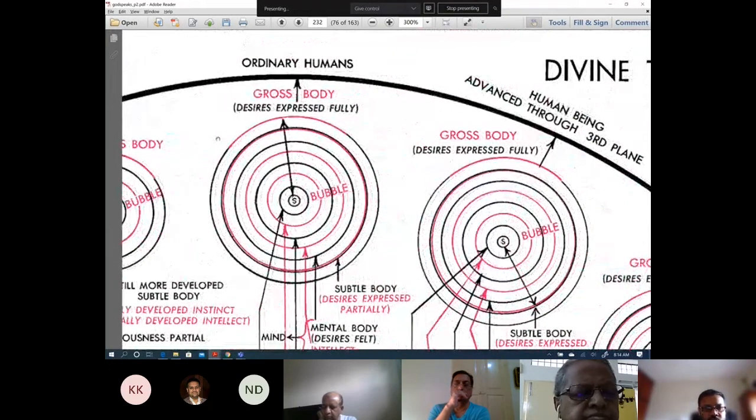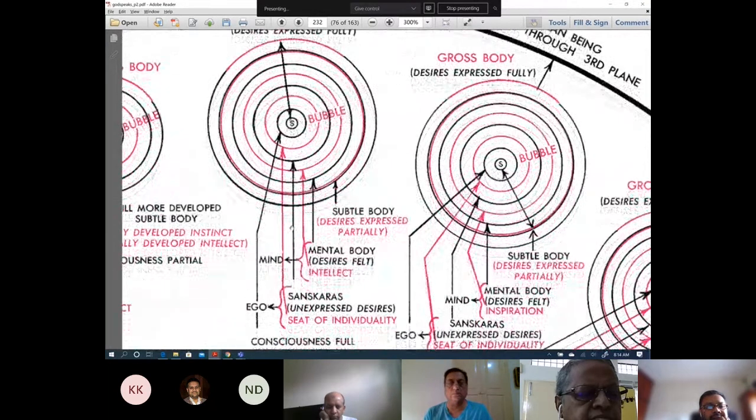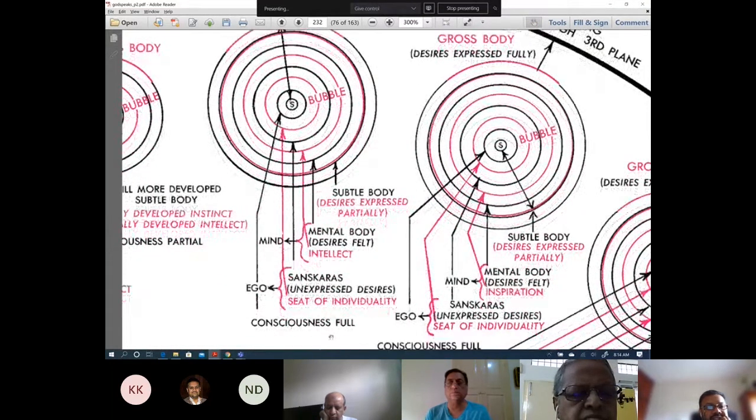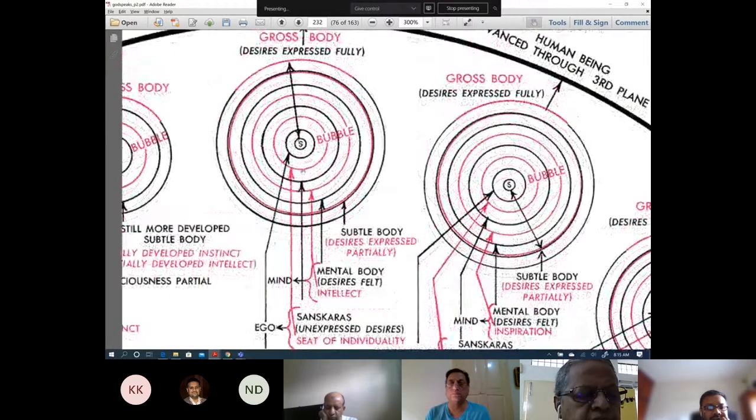First is the ordinary human, gross. So here you have the soul circle, followed by the ego circle, sanskaras, which are unexpressed desires in the seat of individuality. The consciousness is full. First you have this small circle.